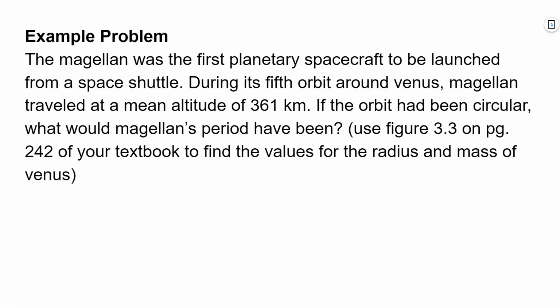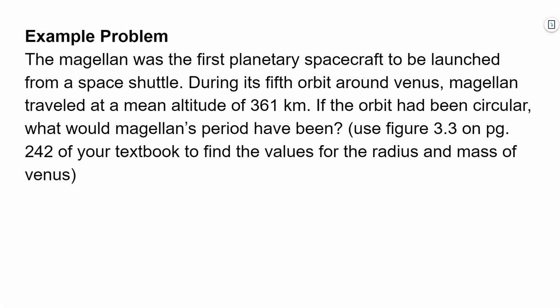So let's try one. The Magellan was the first planetary spacecraft that was launched from a space shuttle, which is pretty cool. And it went to orbit Venus. During its fifth orbit around Venus, Magellan traveled a mean altitude of 361 kilometers. If its orbit had been circular, what would Magellan's period have been?